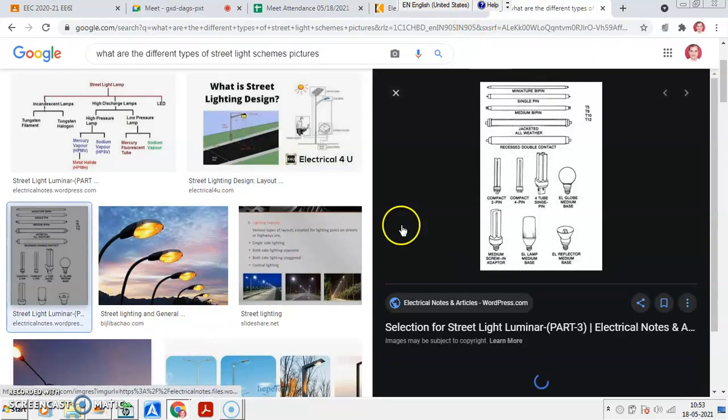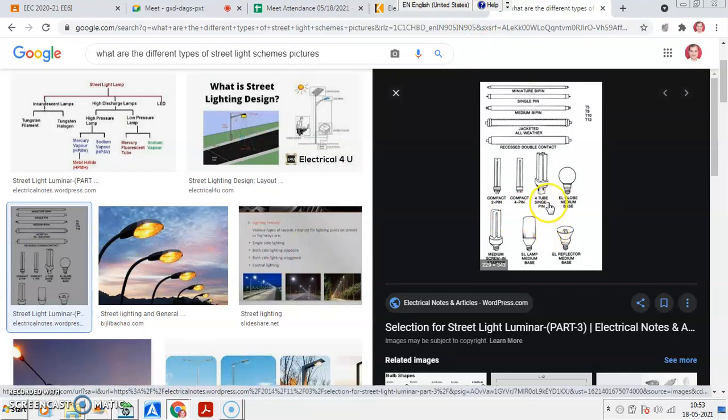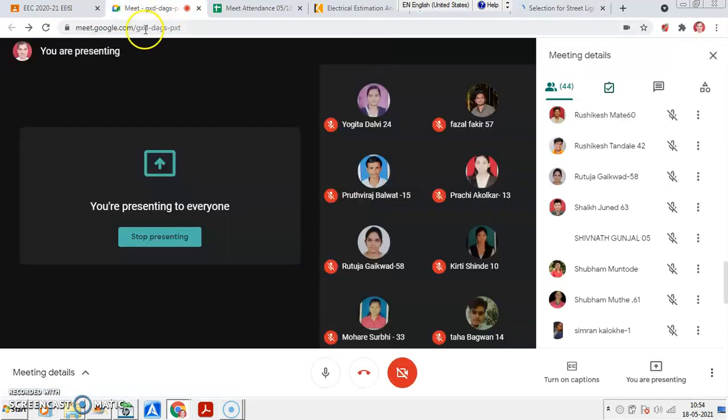When you are having these lamps, different lamps, I think you have studied major lamps, no doubt.